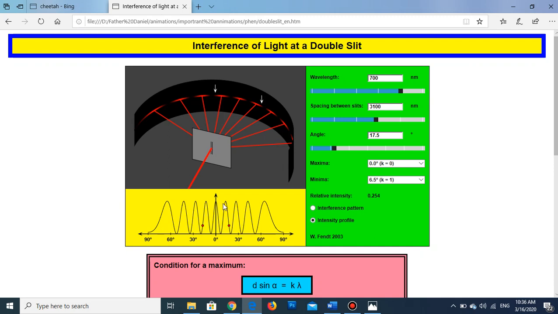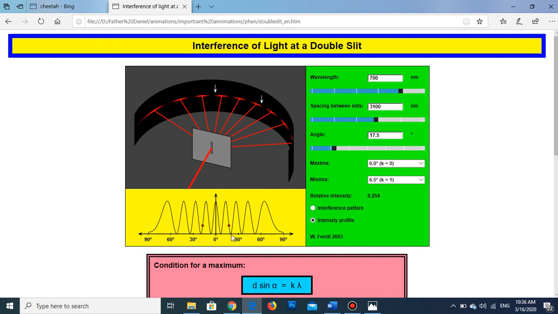This is because superposition itself can interpret this. Why? At this point, what happens? A maximum from the source S1 meets a maximum from the source S2. They add up to give me a maximum.